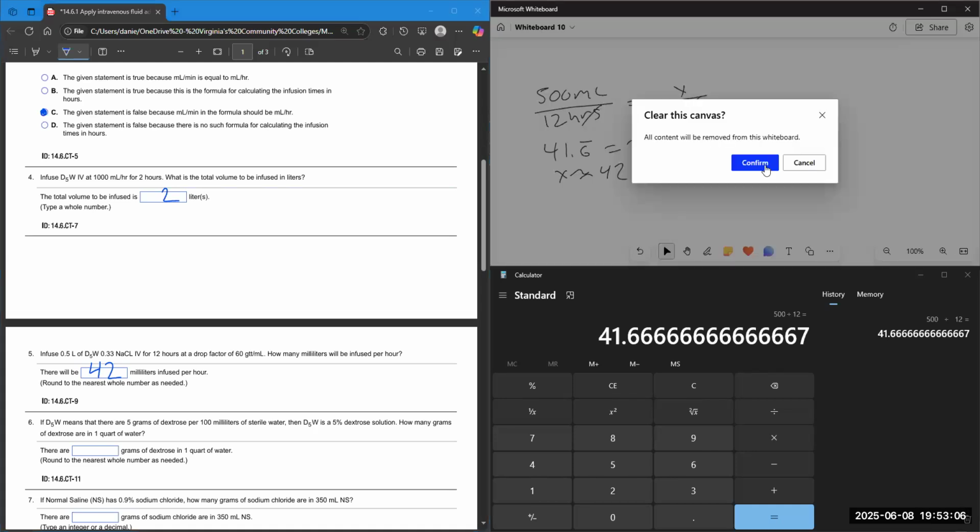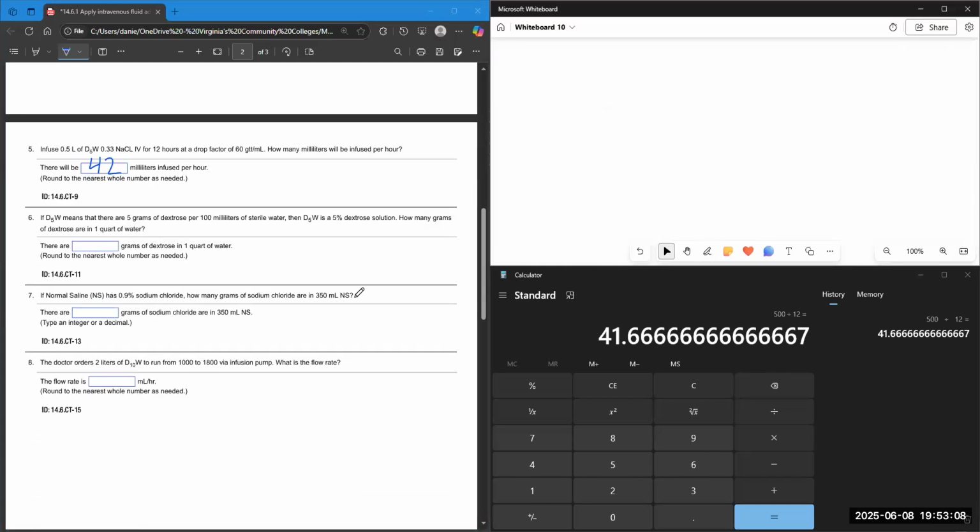So now number 6. We have a 5% dextrose solution, meaning we have 5 grams per 100 milliliters of solution. How many grams are in a quart? Remember, we talked about this last time, that we're going to use 946 milliliters to stand in the place of a quart.